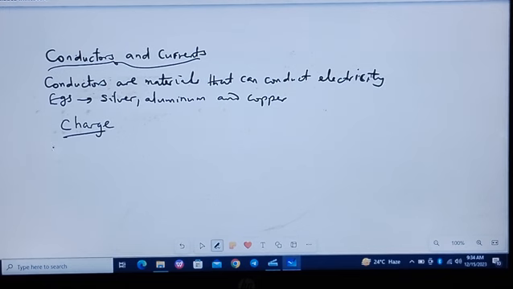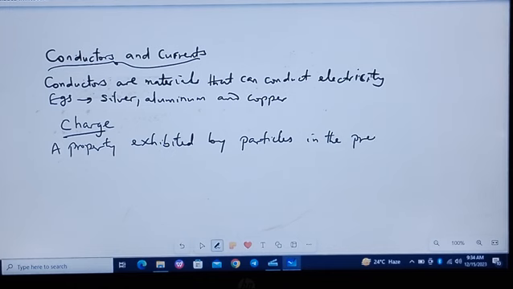Charge is simply a property exhibited by particles in the presence of an electric field or a magnetic field.